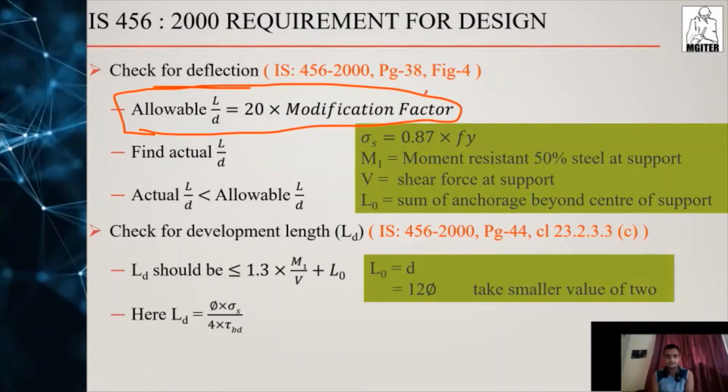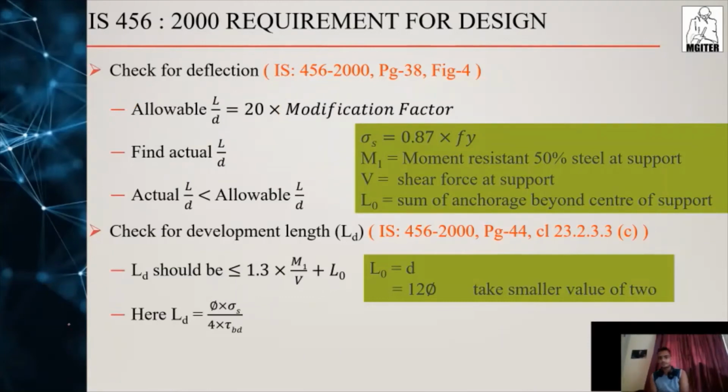We can find the modification factor from IS 456 page number 38, figure 4, and multiply by 20. We found the allowable length by depth ratio, and then there is the actual length by depth ratio. If the actual length by depth ratio is less than the allowable ratio, that means your structure is okay. Your structure is good to resist deflection.